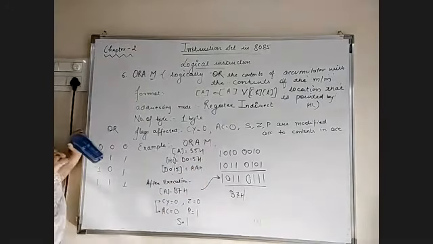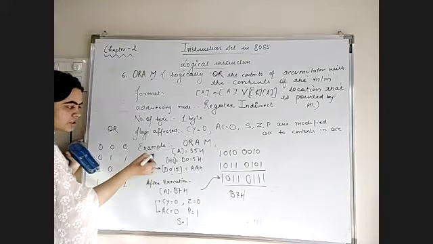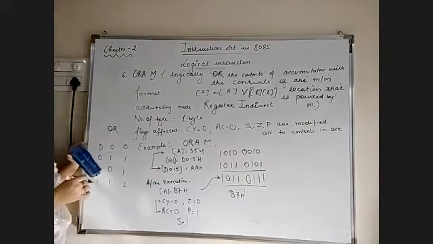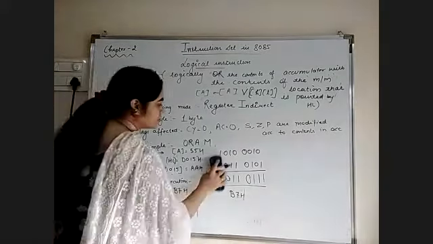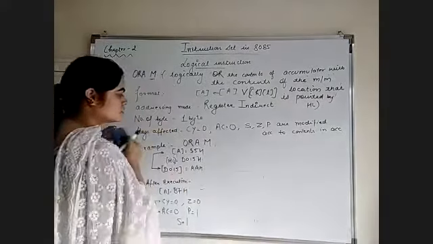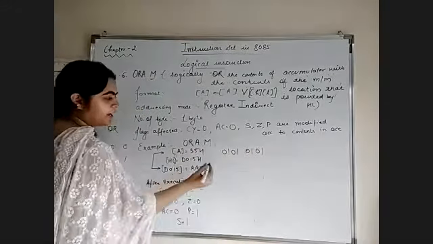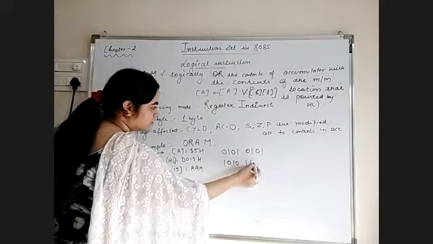So this instruction means whatever contents we have at this memory location will be logically ORed with the contents of the accumulator. Okay, so see the result. 55 means 0 1 0 1 0 1 0 1. AA means 1 0 1 0 1 0 1 0.